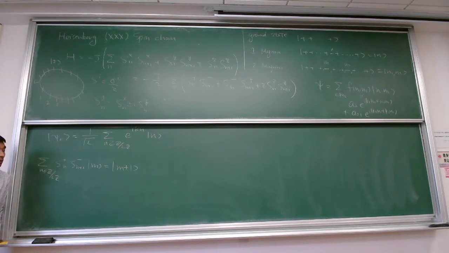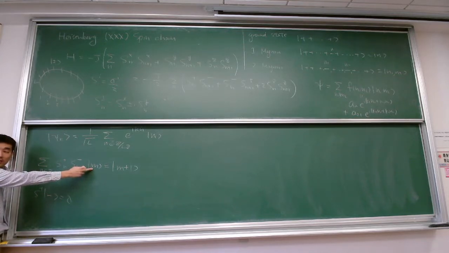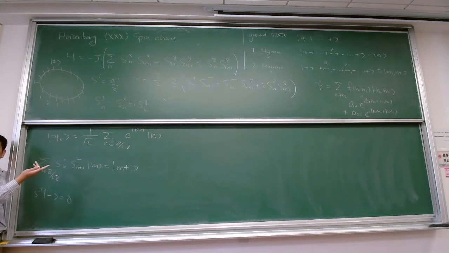Good. So as you know, if you have S plus acting on a plus spin, it is always 0. It's a raising operator. So unless it hits a minus sign, it effectively does nothing. It just gives you 0. So when n is equal to m, it takes spin minus to spin plus. But this other term takes spin plus to spin minus. Therefore, you have a plus 1, m plus 1.